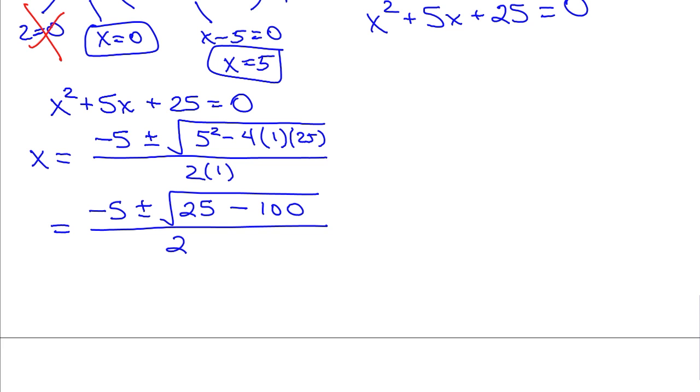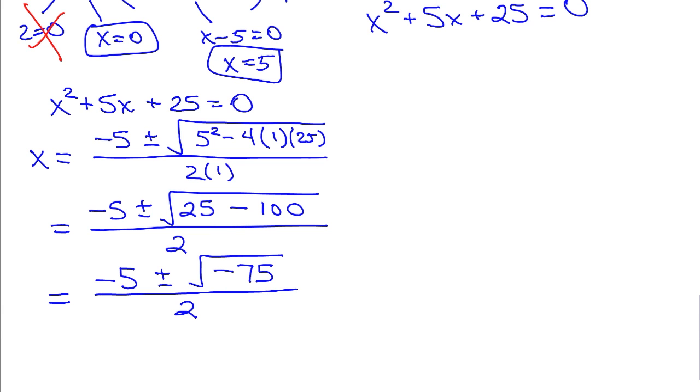Simplifying the inside of the square root, we get negative 5 plus or minus the square root of negative 75 over 2. Then we have negative 5 plus or minus.